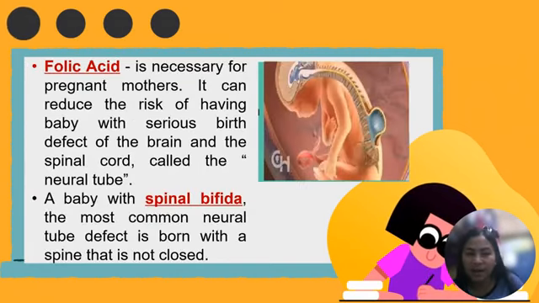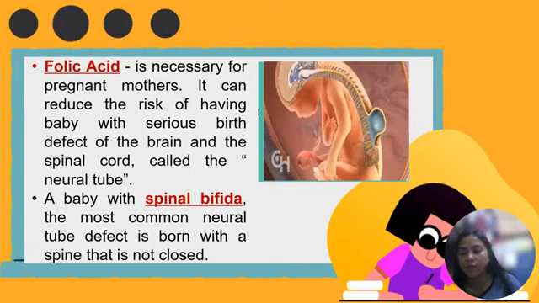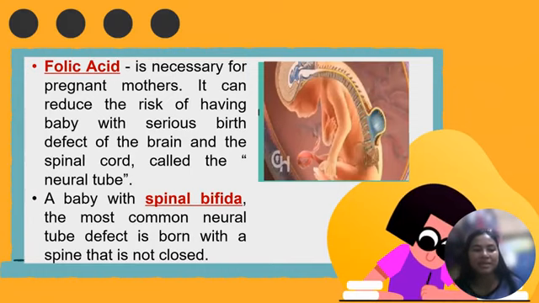Folic acid is necessary for pregnant mothers. It can reduce the risk of having a baby with a serious birth defect of the brain and the spinal cord, called the neural tube. Folic acid is a synthetic form of folate, which is a vitamin essential for various bodily functions, including DNA synthesis and cell division. So the next is a baby with spina bifida.